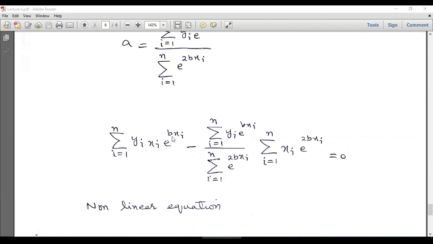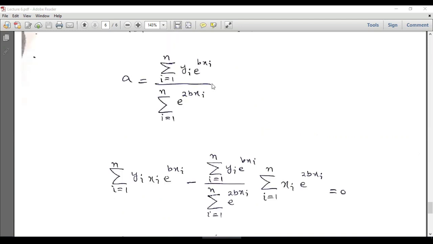So first we will calculate this value of b by using nonlinear methods, for example, the Newton-Raphson algorithm or the bisection algorithm. By using these algorithms, we can calculate the value of b because this is a nonlinear function. So after calculating this value of b, we can calculate the value of a by putting the value of b in this equation.